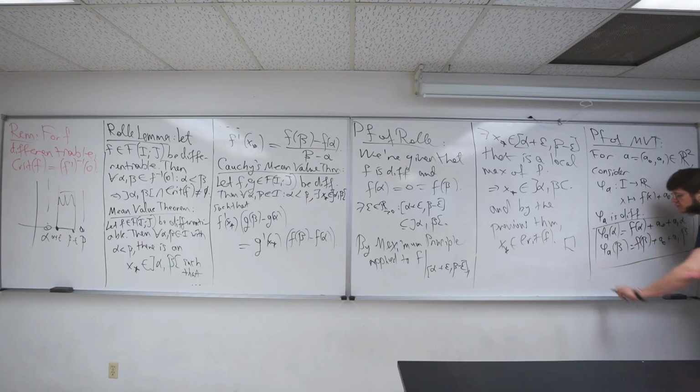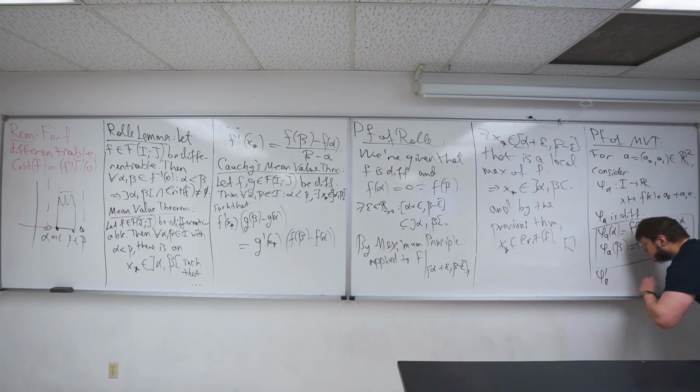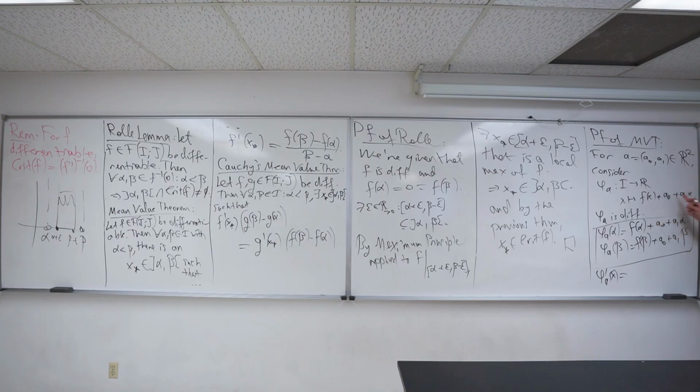I have these values by just plugging in. And furthermore, its derivative has a very nice expression as well. Phi prime sub A at an arbitrary point is f prime plus A1. I just did calculations.